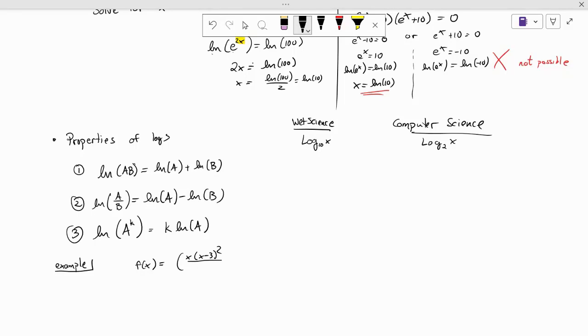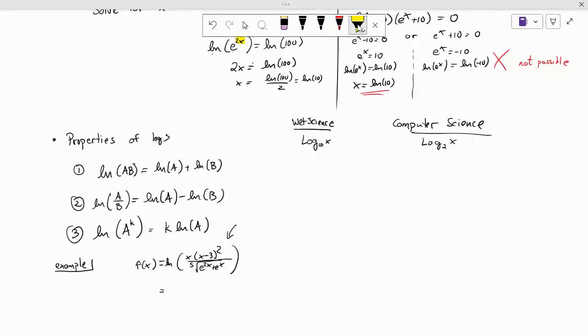Maybe your high school teachers made you do something crazy like this, where you're supposed to use properties of logs to expand this completely. In calculus, it will be much easier to do calculus on a bunch of terms separately than on this mess. Sorry, this is log of this mess.